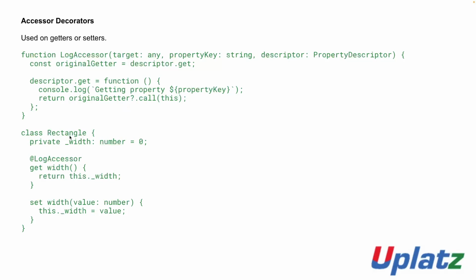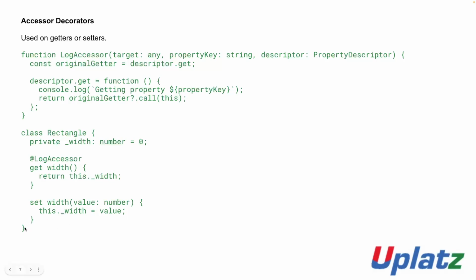Class Rectangle, private _width of type number is equal to 0. Underscore means this is private, by convention. At logAccessor, get width, return this._width. Set width, value of type number, this._width is equal to value.